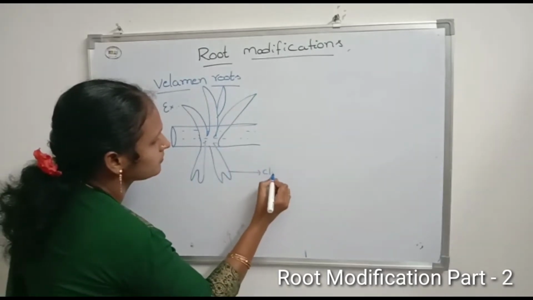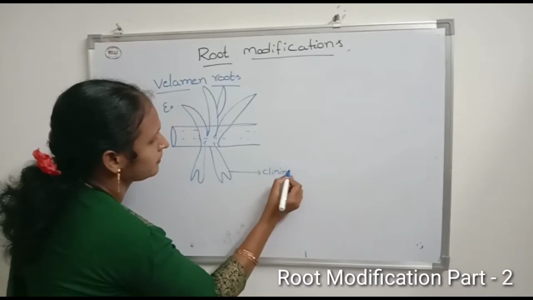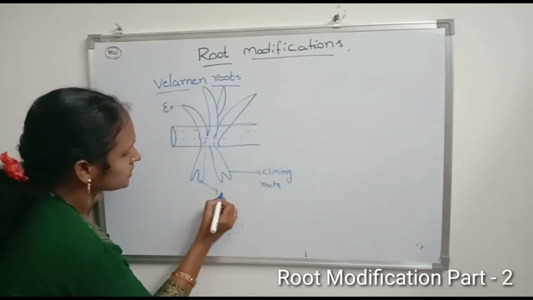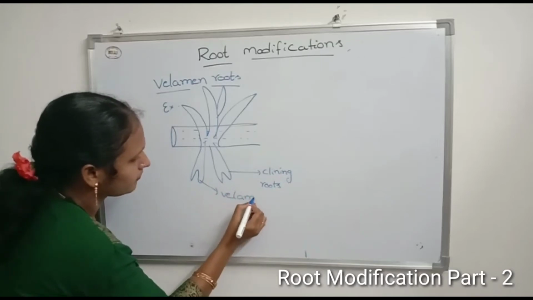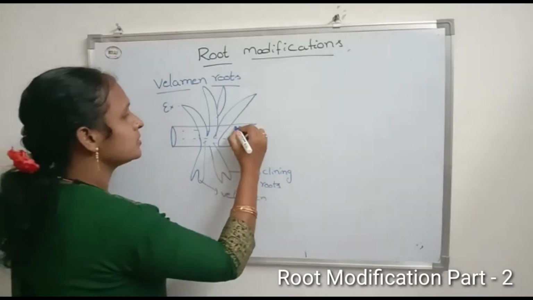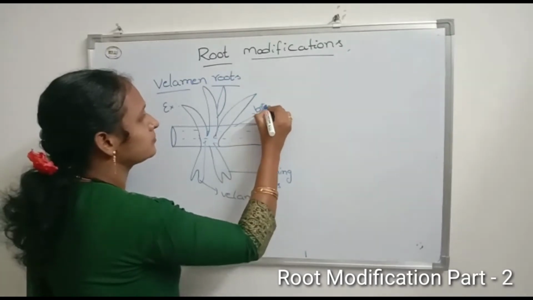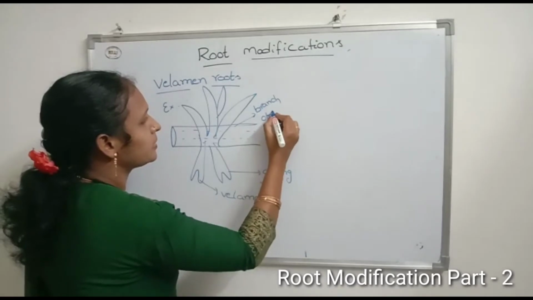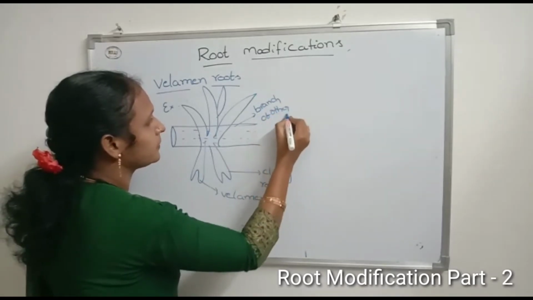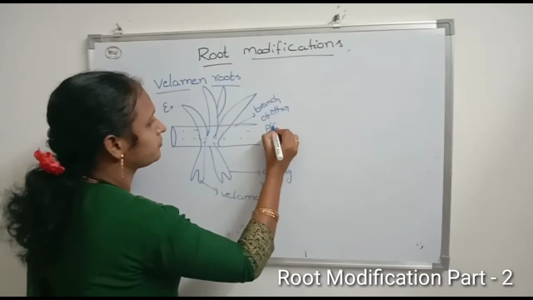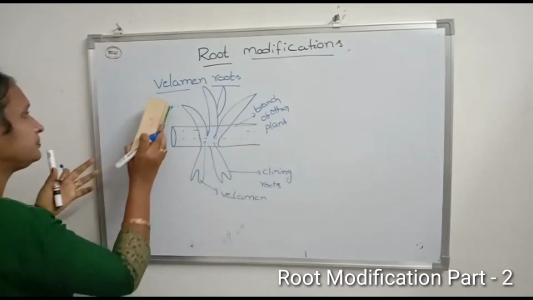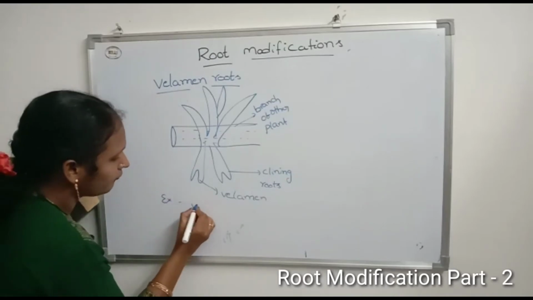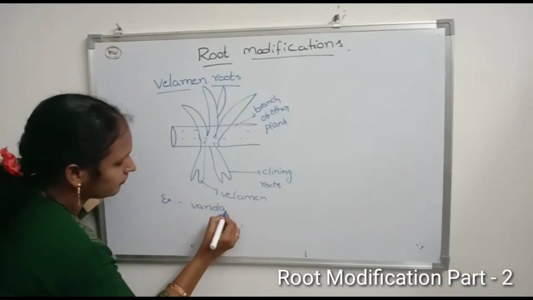Velamen roots grow on the branch of another plant. Examples: Vanda and orchids.